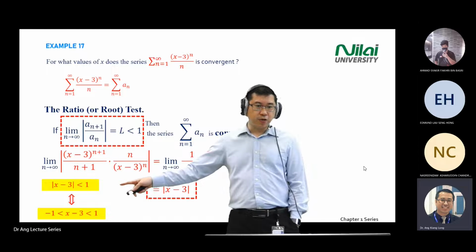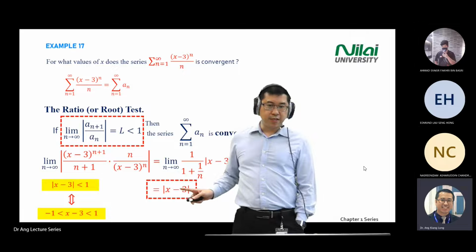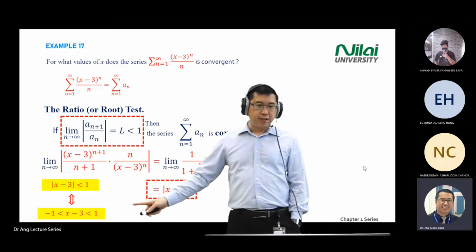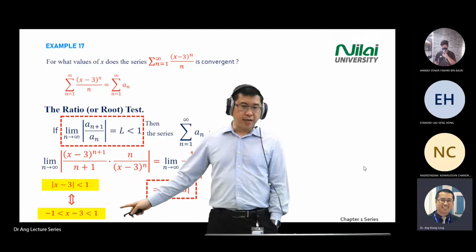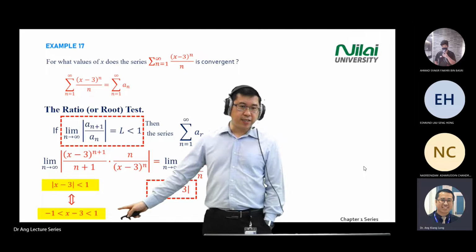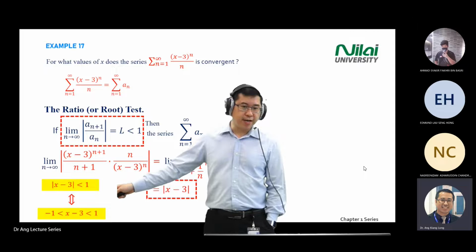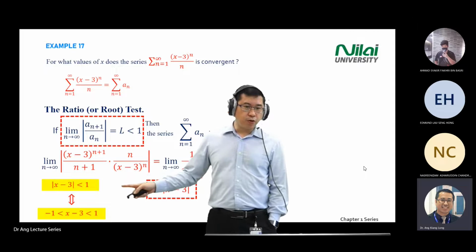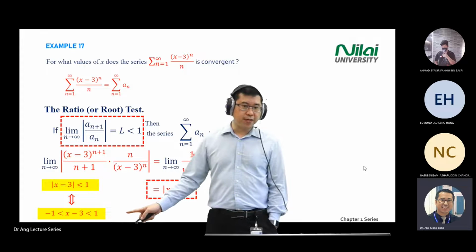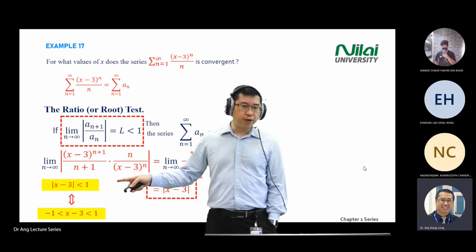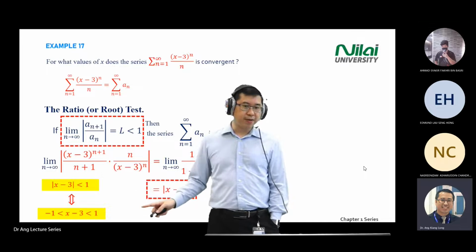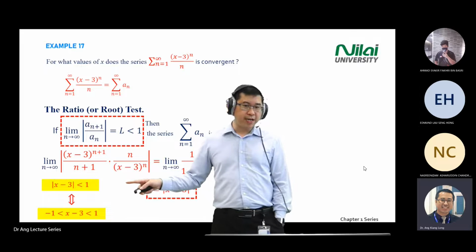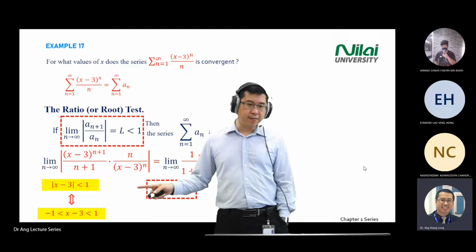Either you put in the goalpost as it is, this one less than 1, or sometimes the question will extend to ask you to say the exact location of x. So in this case, you remove the goalpost from this one to this one. If you remove the goalpost, you can write in the second pattern here. These two yellow boxes are the same, either the first one or the second one. They are the same meaning.